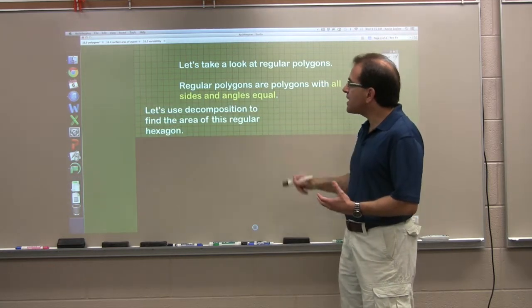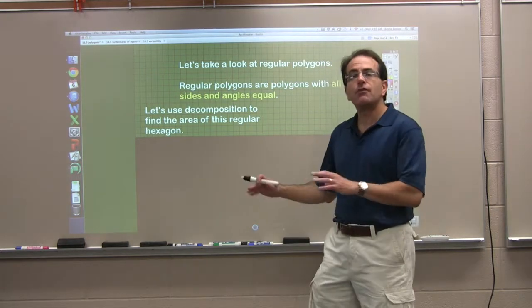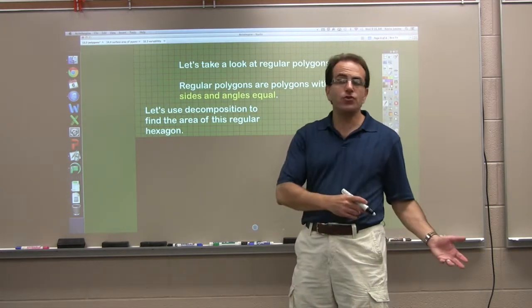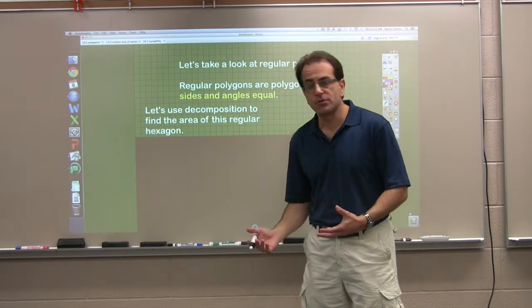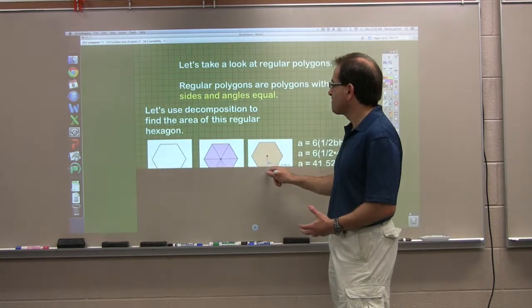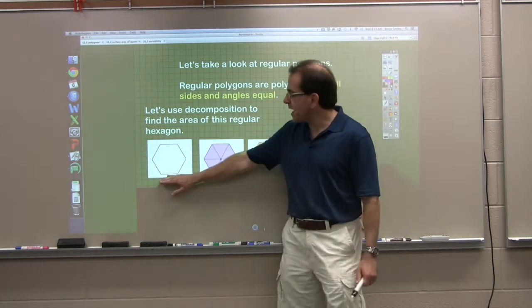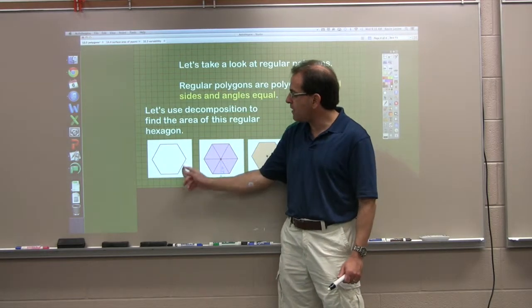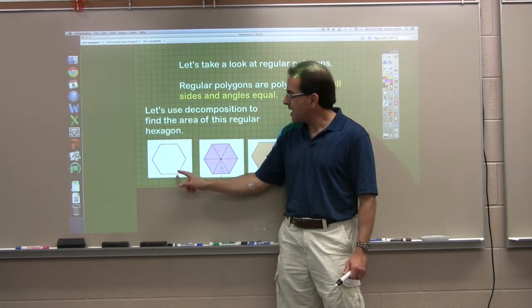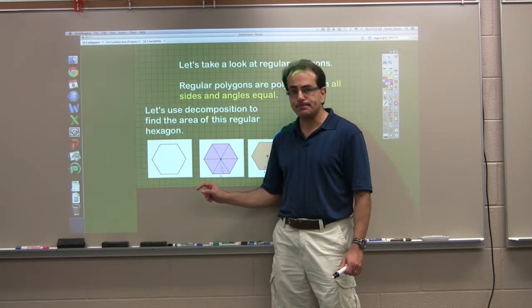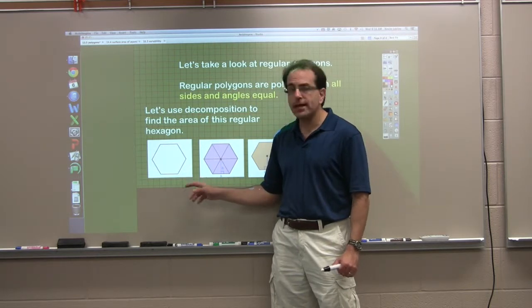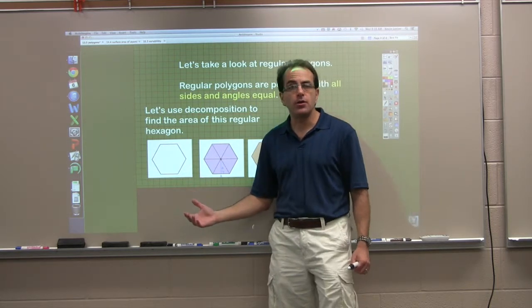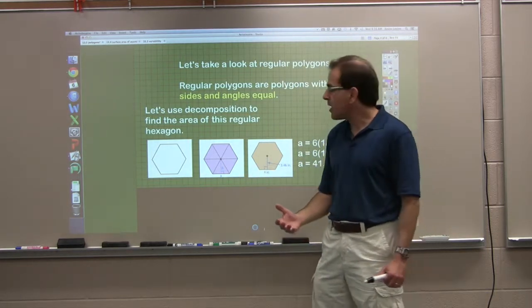So we're going to use decomposition to find the area of a regular hexagon, and of course you can do this for lots of shapes. So here is a regular hexagon. As you can see, all of the sides are equal in length, and if you were to use a protractor to measure the angles, you'd see that all the angles are equal as well, and that's the definition of a regular polygon.